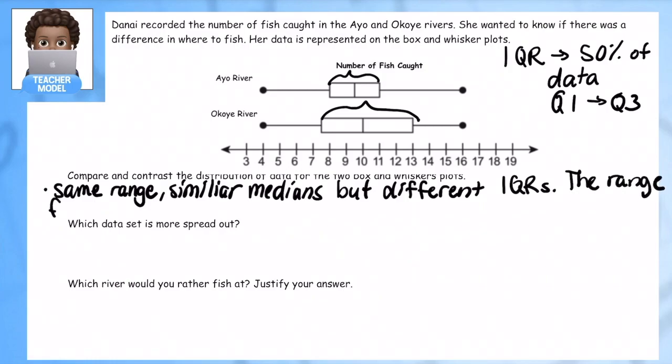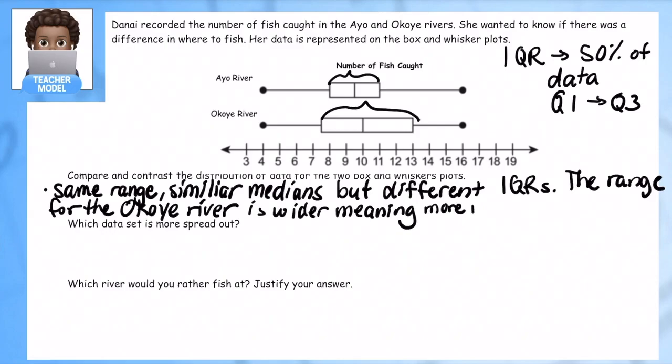The range for the Okoye River is wider, meaning more variability in fish. Okay, so let's have that part in there.